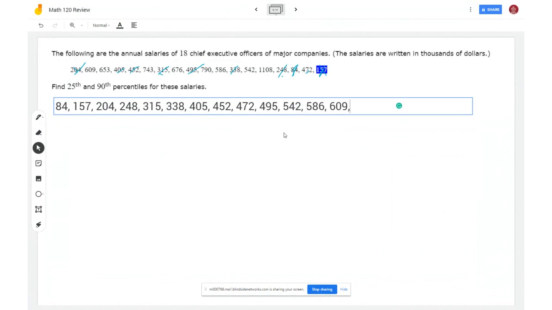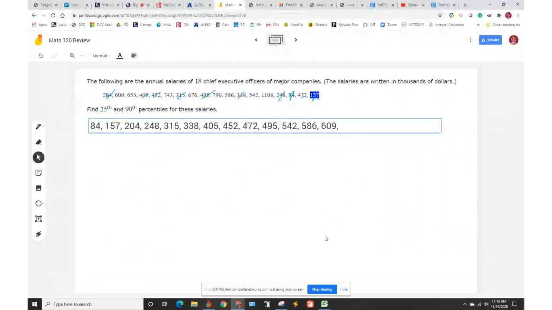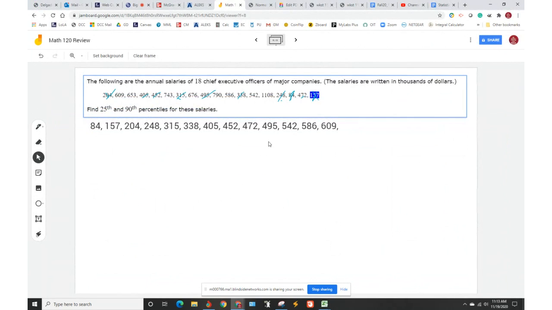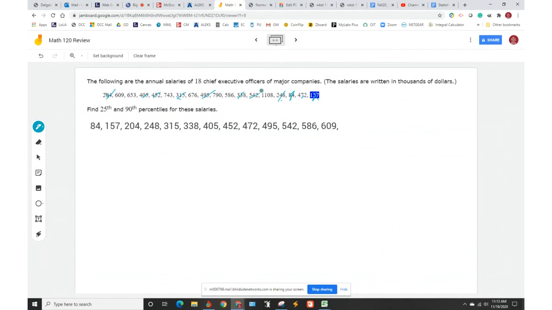I hit some key that... Okay. So 452. 580. Oops, not that one. Checking at the wrong thing. 609. And then we got a 653. And a 676.